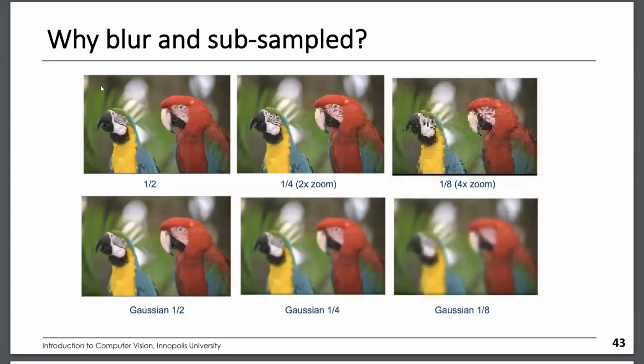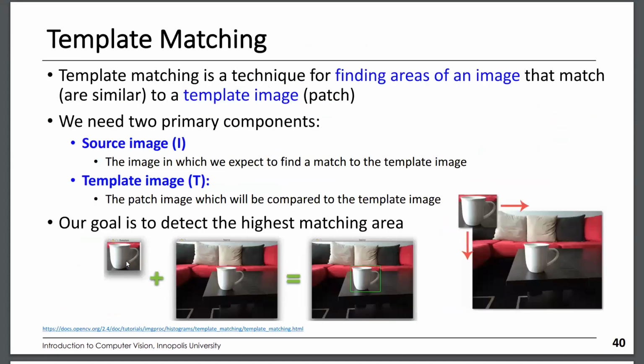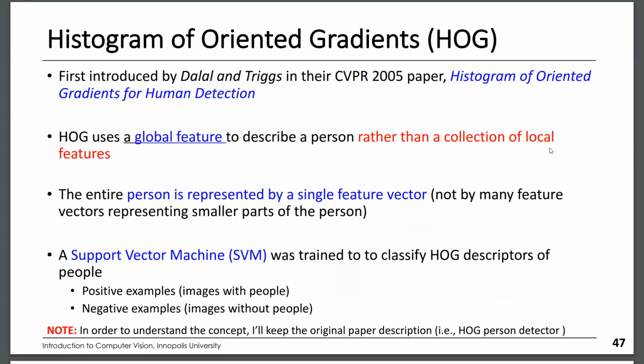Remember, in this template image, this is how we were describing our object, as a collection of local features. And now the entire person, we're speaking about a person instead of an object just because the original paper spoke about human detection, is represented by a single vector, not by many feature vectors representing smaller parts of a person.